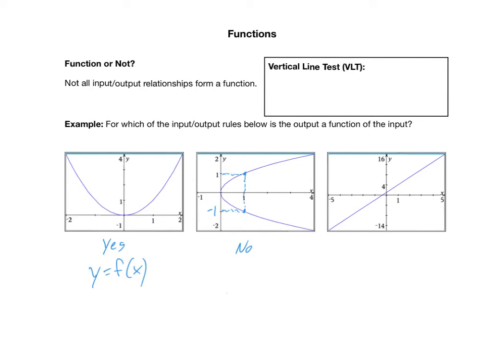So the vertical line test says if any vertical line, and specifically vertical, touches the curve in more than one spot, then the output is not a function of the input.